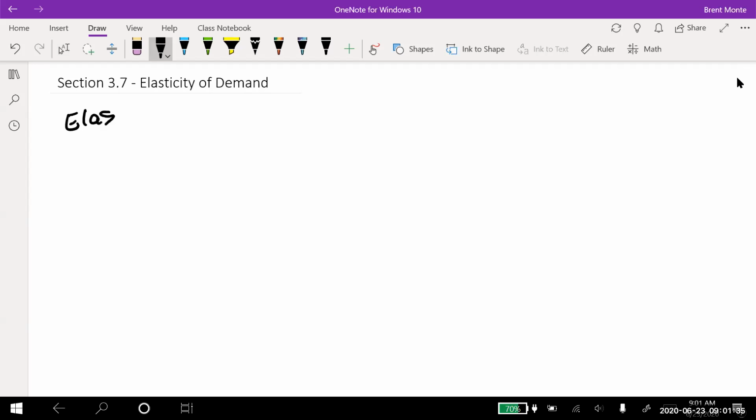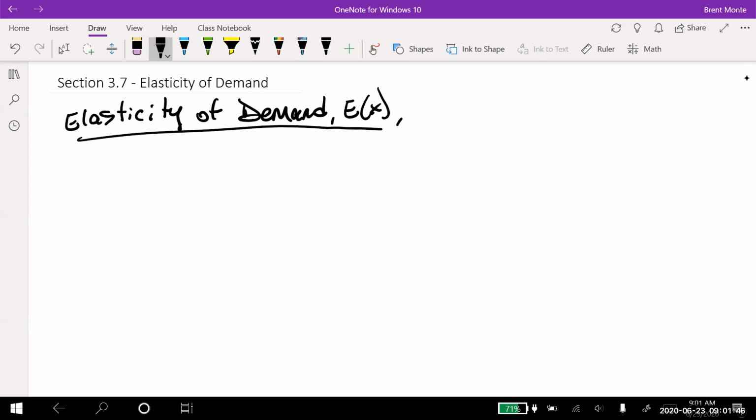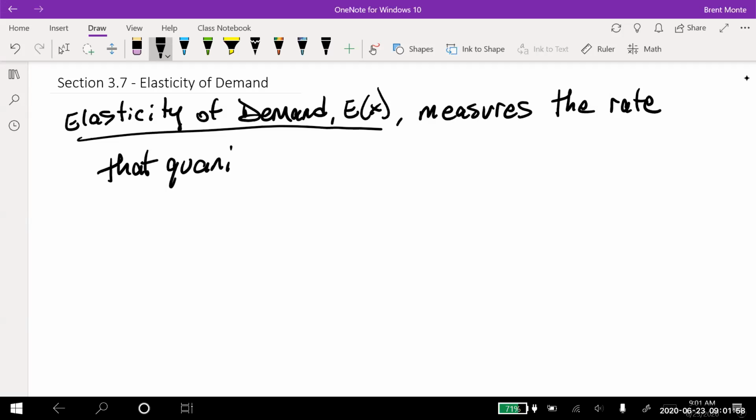Elasticity of demand, the abbreviation for it is E of X, measures the rate that quantity demanded changes when we change the price.